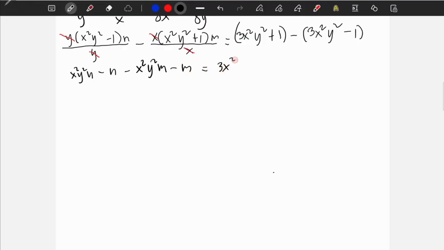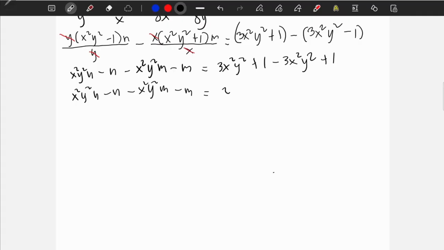Copy 3x squared y squared plus 1 and distribute negative to this expression. So negative times 3x squared y squared is negative 3x squared y squared. Negative times negative 1 is positive 1. Then we add like terms. 3x squared y squared minus 3x squared y squared is 0. 1 plus 1 is 2. Copy x squared y squared n minus x squared y squared m minus n minus m.